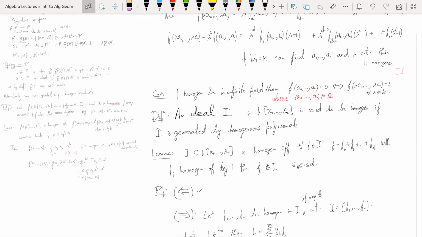If this second property holds, then I is indeed homogeneous, because I is generated by some polynomials, maybe we call them G1 to Gm.